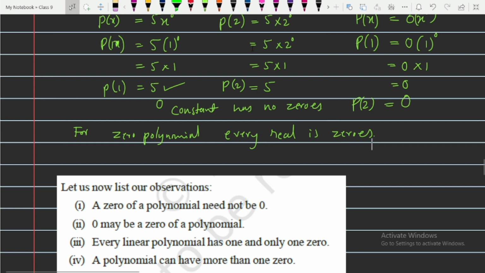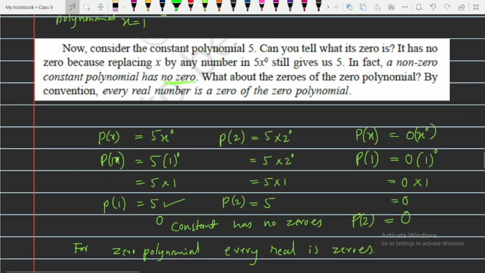In this way you can find zeros of any given polynomial.